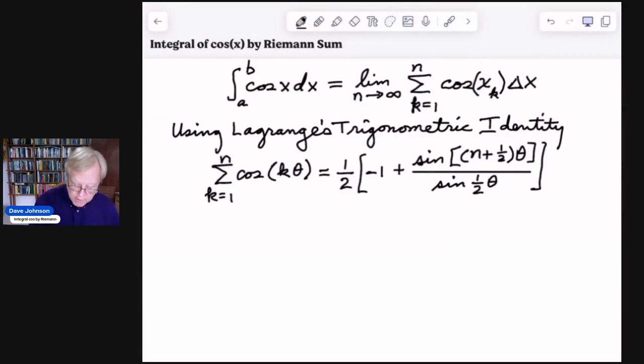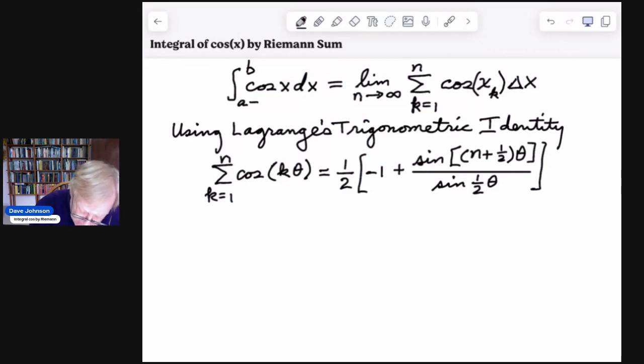So I've taken the liberty of writing a few things down first. The integral that we want to do is the integral from a to b of cosine x dx. Now, of course, you all know how to do this because the antiderivative of the cosine is the sine. But let's pretend we don't know the antiderivative.